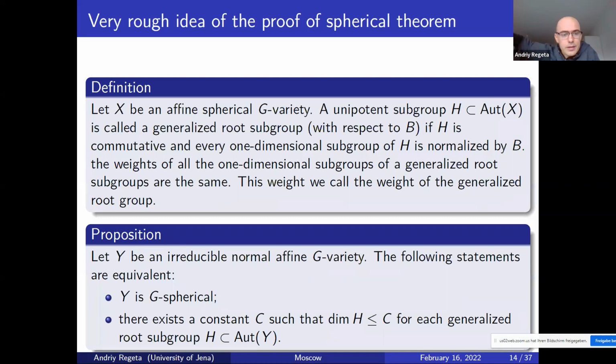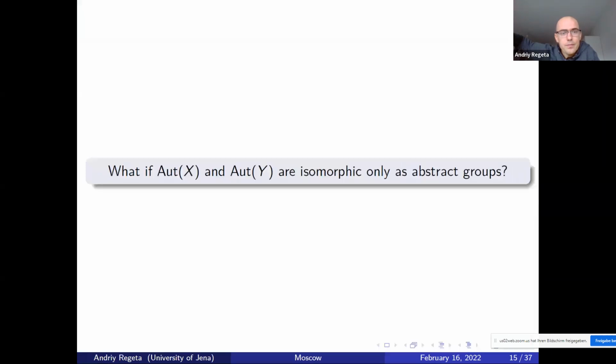So I skip that and go to the real question. The real question appeared after we could do the previous result, of course. But the real question is, if Aut X and Aut Y are isomorphic only as abstract groups, what can we say about the similarity of X and Y?